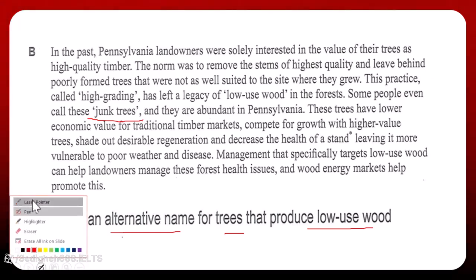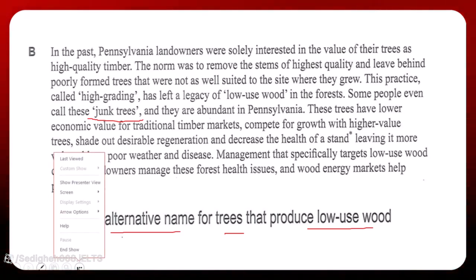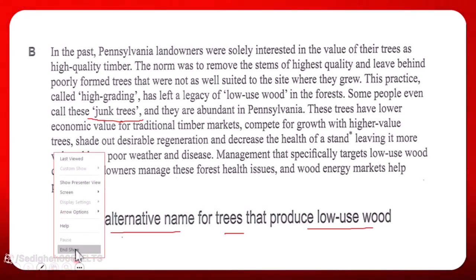So according to what we see, it is an alternative name. It is what they call the trees, what they name the trees. It is junk trees, and they are abundant in Pennsylvania. So here are some questions about this type of IELTS question.